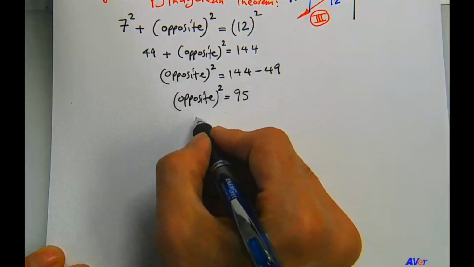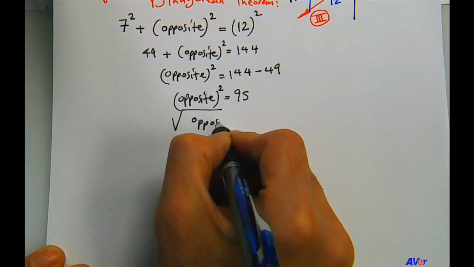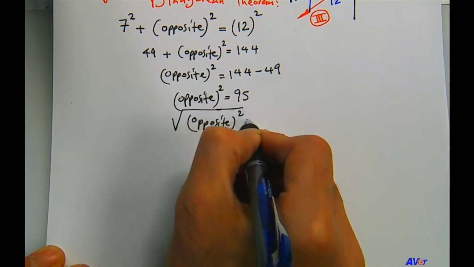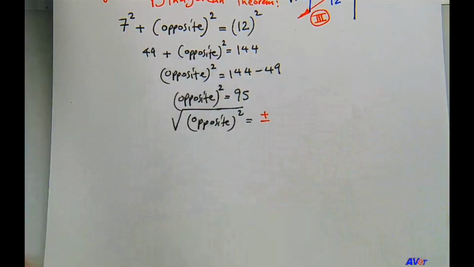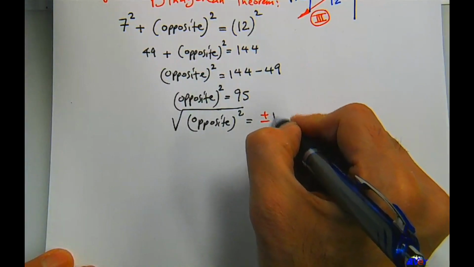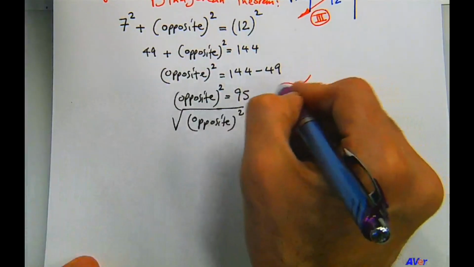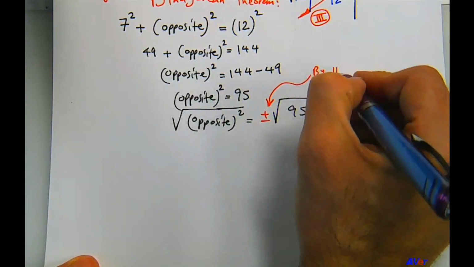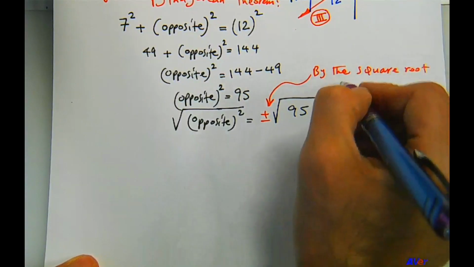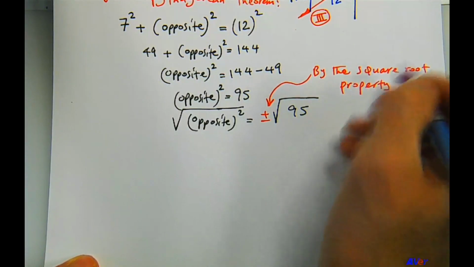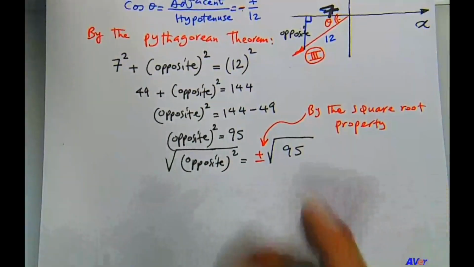And so for the opposite, we have to take the square root, right? The square root of opposite squared equals plus or minus the square root of 95. Once again, I'll remind you, this is by the square root property. Okay, but which one is the correct one?